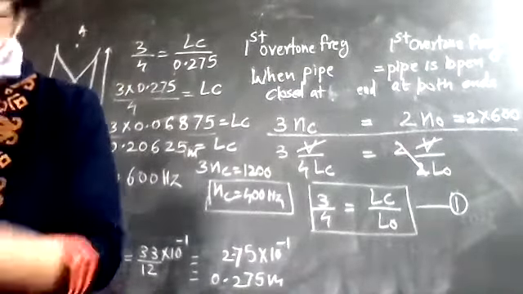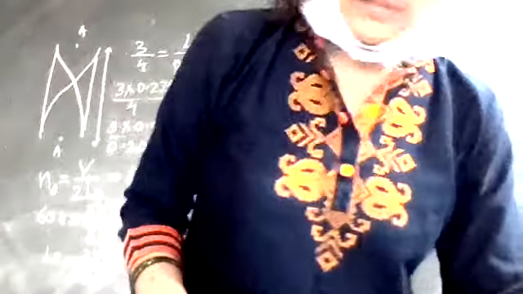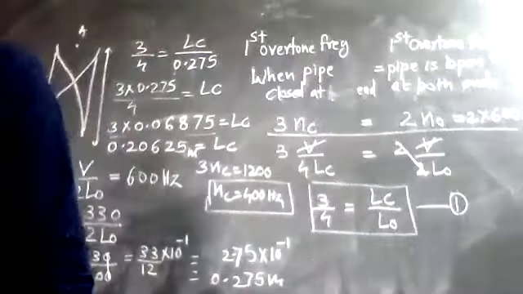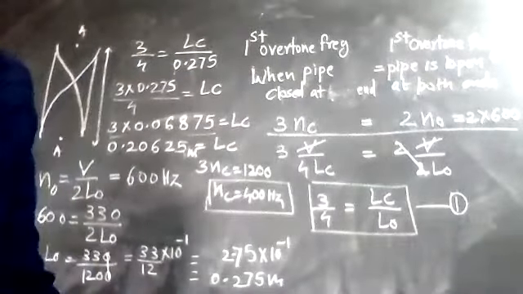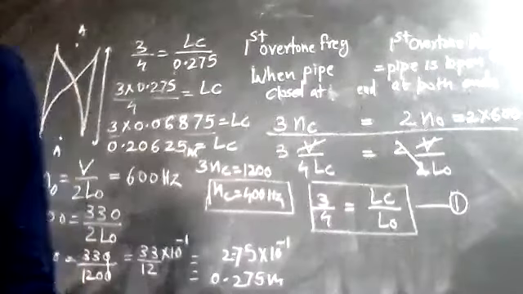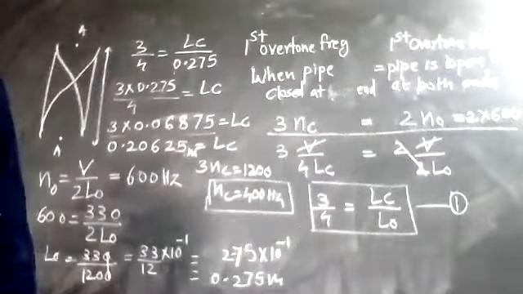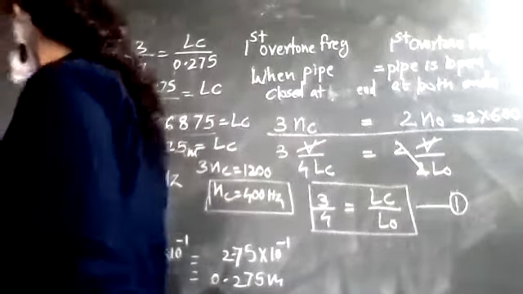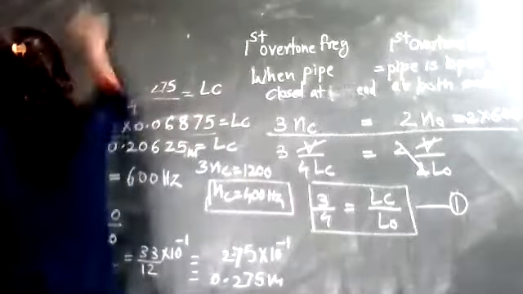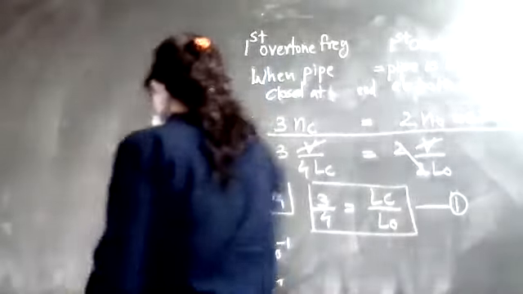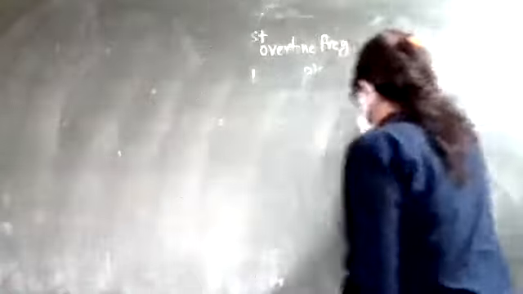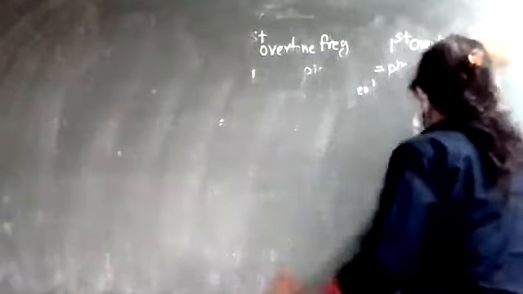Okay. Next is your problem number 19. In problem number 19, you have been given a string 1 meter long fixed at one end. So now you have been given a string problem.